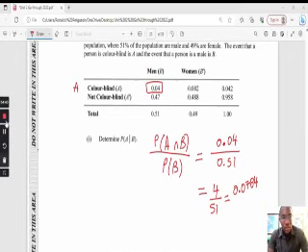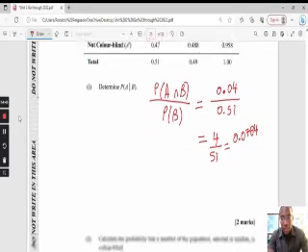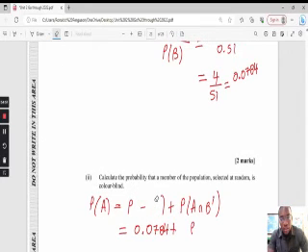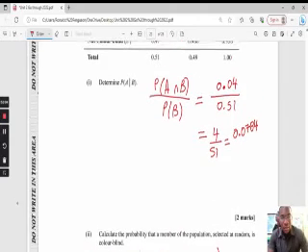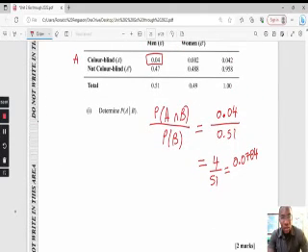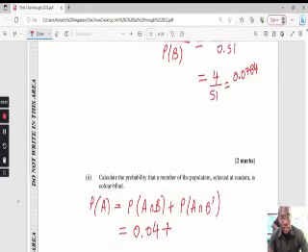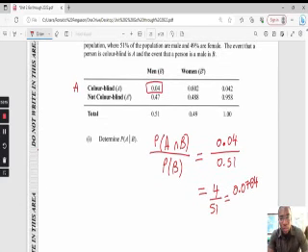So just to look back at the table, I put that wrong, sorry. The probability of A intersect B was 0.04, plus the probability of A intersect B complement, woman and colorblind, is 0.002.